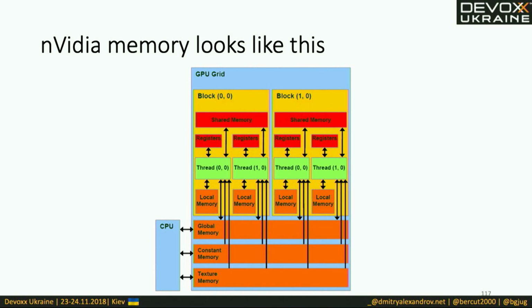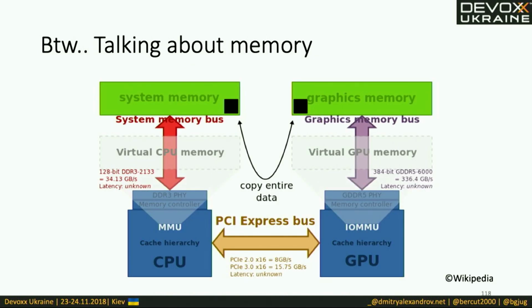But there is another thing you should always think about: the memory. It looks cool that you can offload your stuff to the GPU, but you have to push this data from your memory, which is the RAM, to the GPU memory.